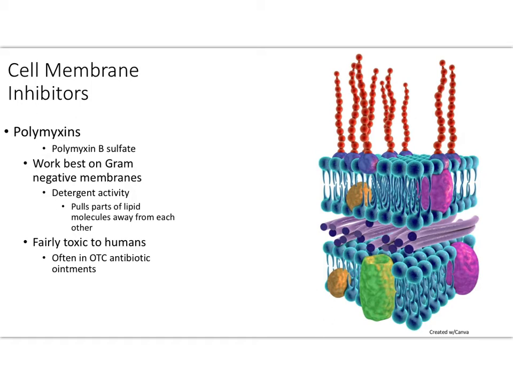Usually these types of antibiotics are bactericidal, meaning they kill the bacterium, and they can be very effective against gram-negative infections. However, the drawback to them is they are fairly toxic to humans, especially in kidneys. So these types of antibiotics can do some damage to the kidneys if they are given internally.